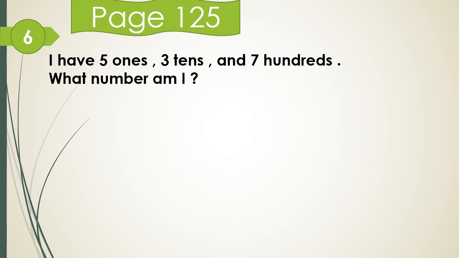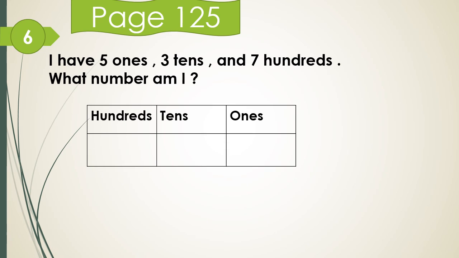To know the number, first of all, you must draw the 3 digits: hundreds, tens, and ones. Then you put the number under its digit. I have 5 ones. I put 5 under the ones digit. 3 tens, I put 3 under the tens digit. 7 hundreds, I put 7 under the hundreds digit. So the number is 735.